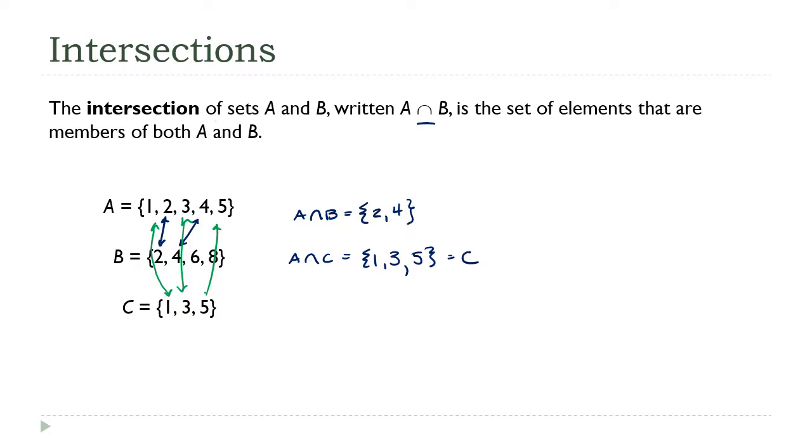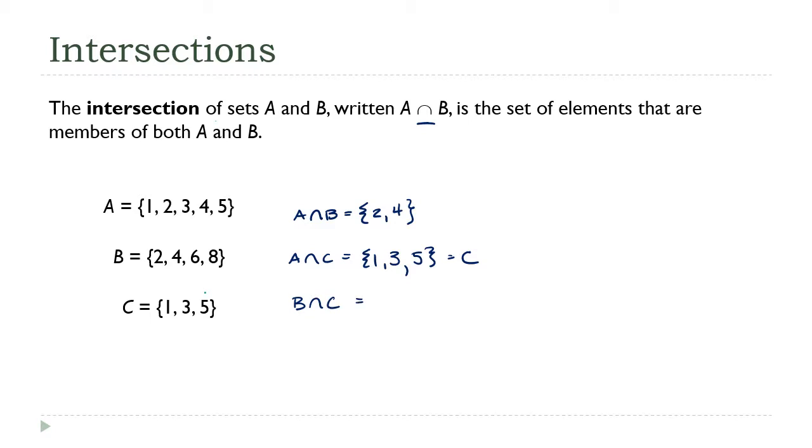All right, now let me put one more up here. And actually, let me clean up a little bit first. Get us some space here. How about B intersection C. What is this?